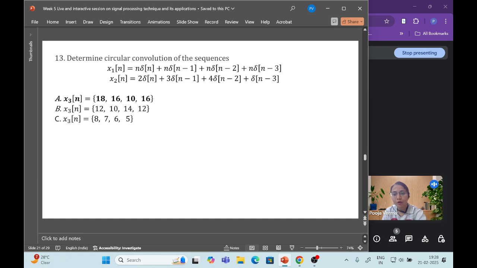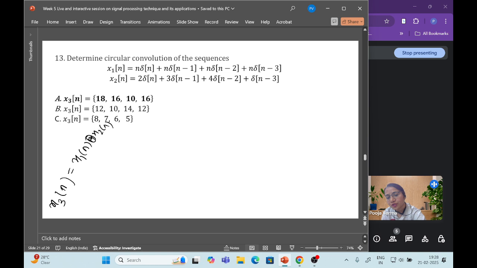They are not asking for the IDFT, it is a circular convolution. So they are asking for x3 of n, which is the circular convolution of x1 of n and x2 of n.